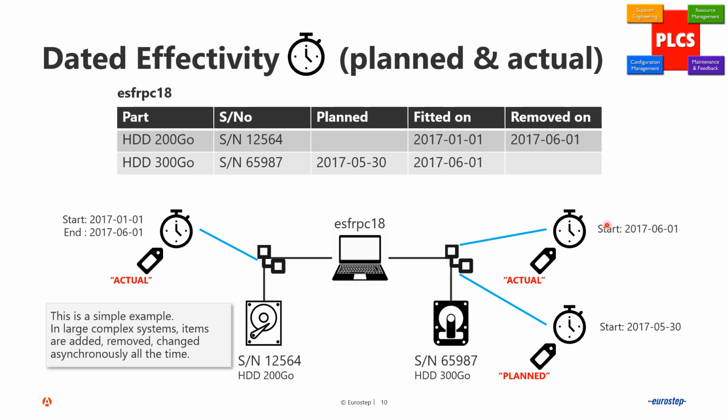And when that is inserted, the original actual one now has an end date of the same time that the new one was fitted. So as you can see, if you look at different times over the life cycle of this laptop, before June you will get the old disk, and after June you will get the new disk.